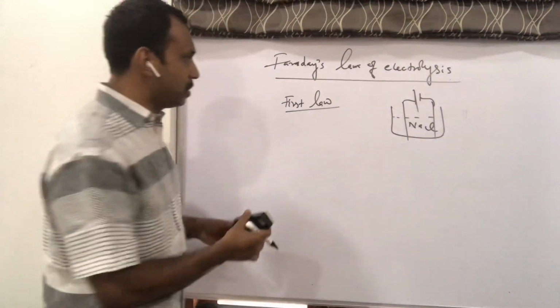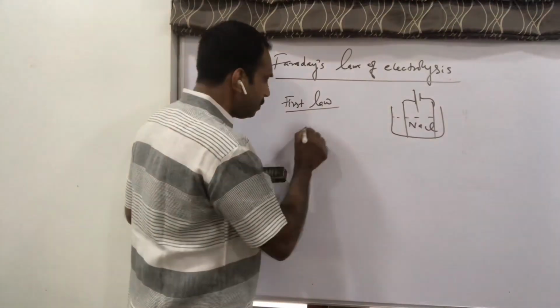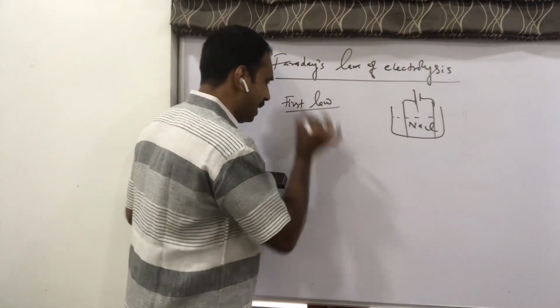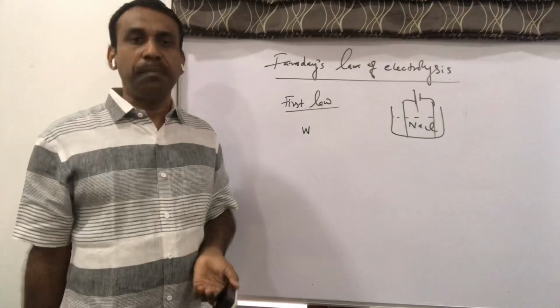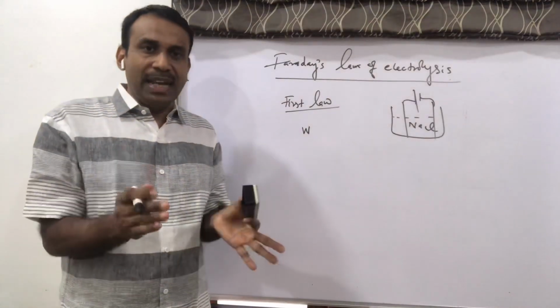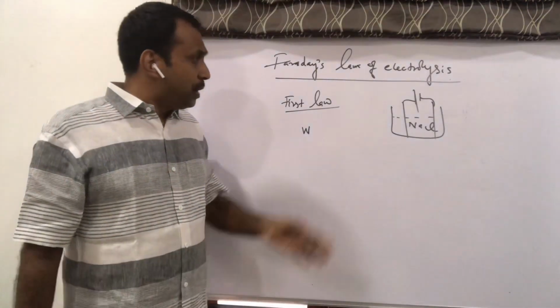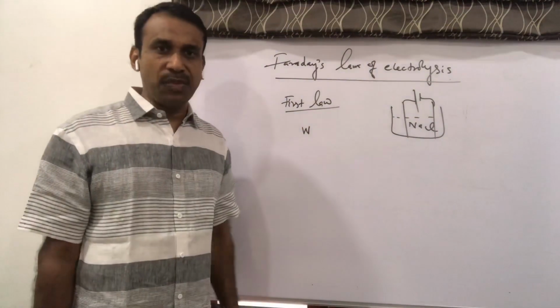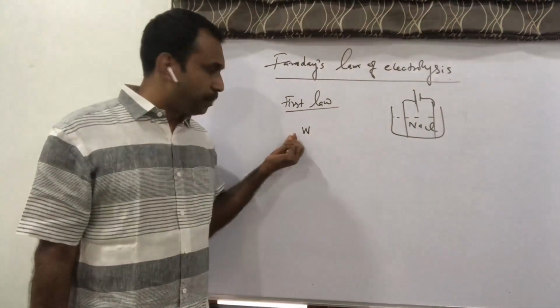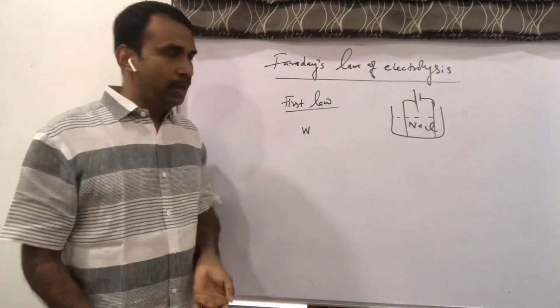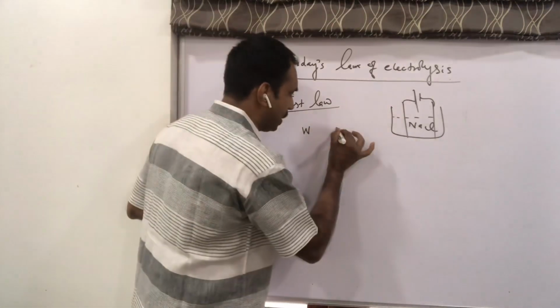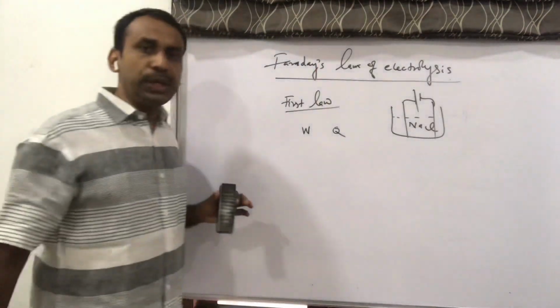Suppose the mass of sodium obtained at cathode, let it be W. And the charge passed through this electrolyte, let it be Q.